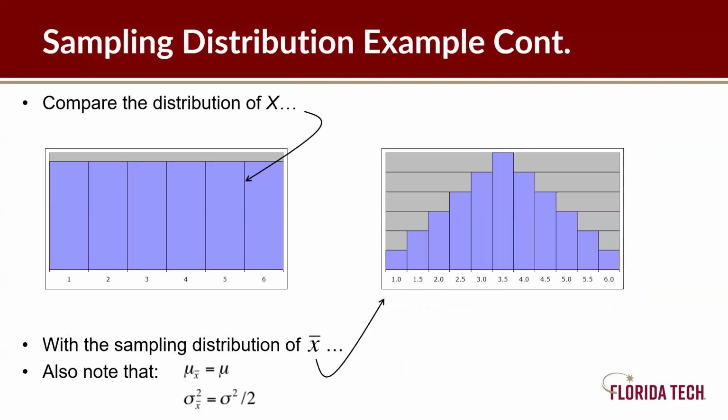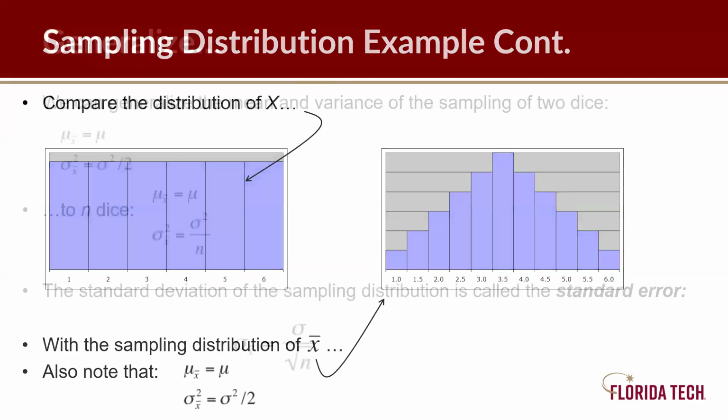And we note also that the mean of the sampling distribution of x bar is the same as the mean of the original random variable. The mu of x bar equals mu, and we note that the variance of the sampling distribution of the sample mean is half of the original population variance. It's sigma squared over 2.